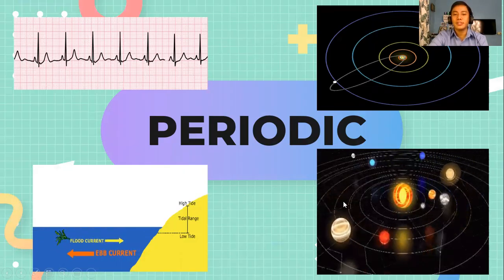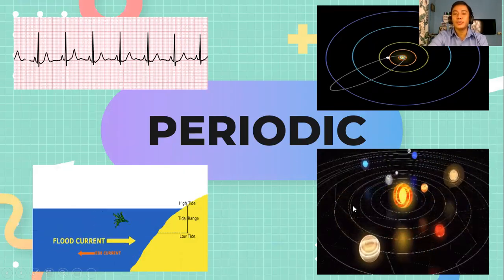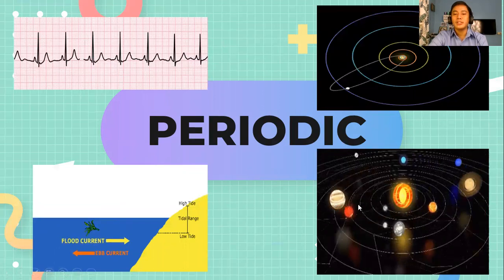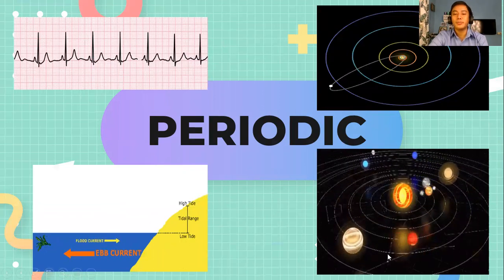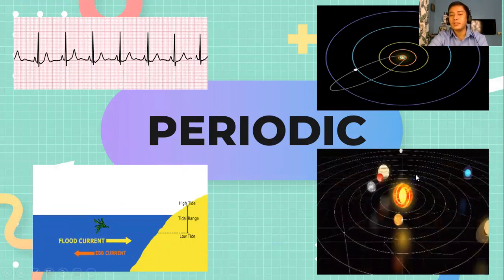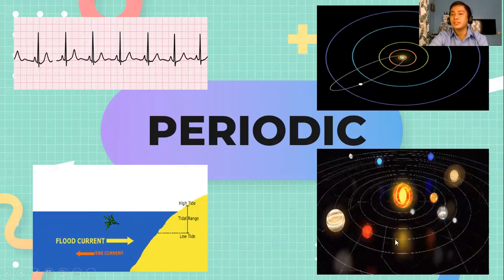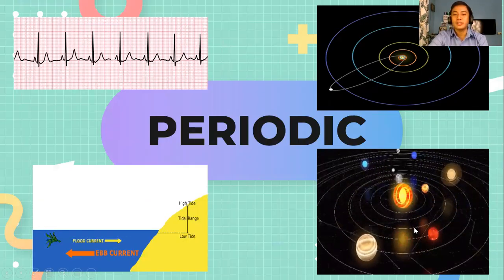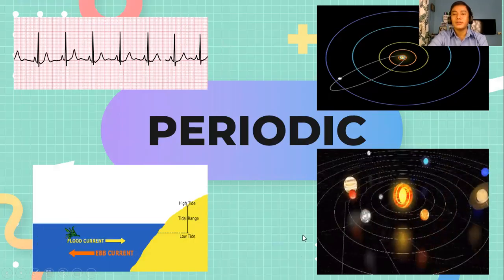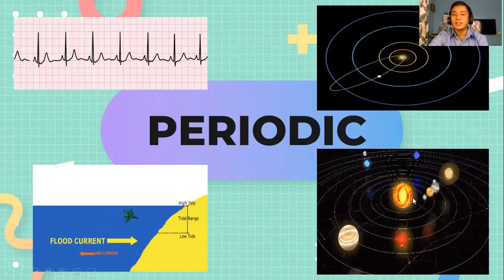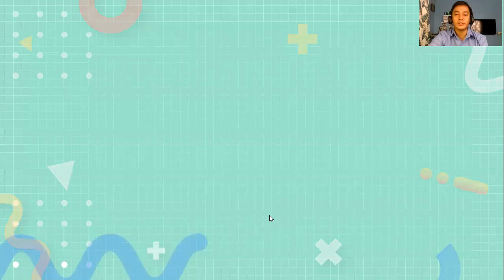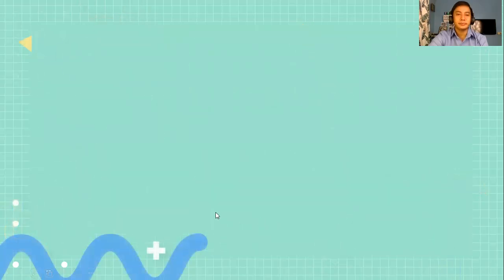And of course, in astronomy, we can also observe the elliptical orbits of the different heavenly bodies that rotate or revolve around the sun, which is the center of the solar system.